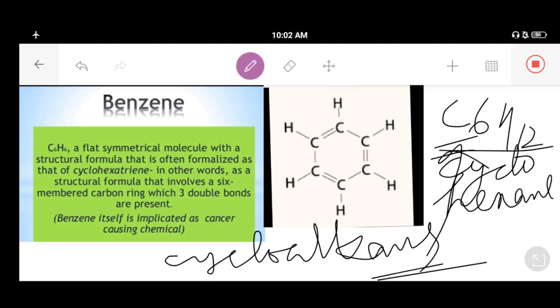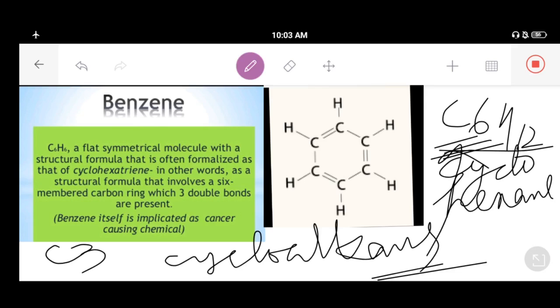If the cycloalkane contains 3 carbon atoms in the ring form, we call that cyclic hydrocarbon cyclopropane, and the cycloalkane with 4 carbon atoms we call cyclobutane, whereas the cycloalkane having 5 carbon atoms in the ring we call cyclopentane.